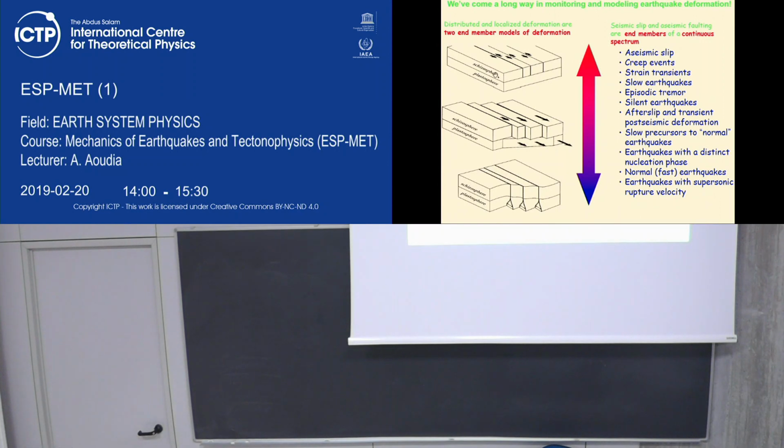So in case your fault shuts down here, this is what we call a distributed model. In case your faults, this is the other extreme model, go down and sample by themselves the plastosphere, where you have the flow, right? So then we need to understand whether we are in this system or in this system. How can we do this?